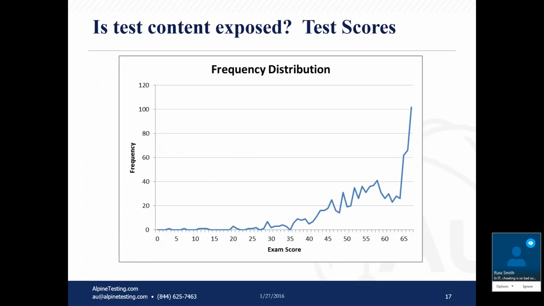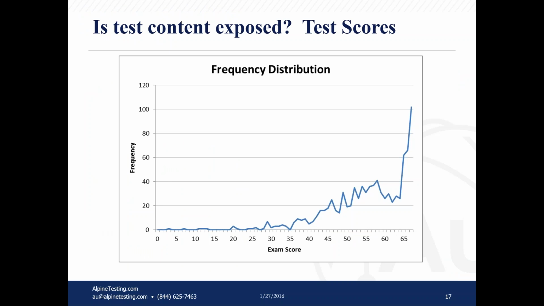Another thing that you can do is look at the performance of the overall test. So this is a graph that I quickly just showed you, which says, hey, how do people perform on the overall test itself? When I do that, we see so many people.